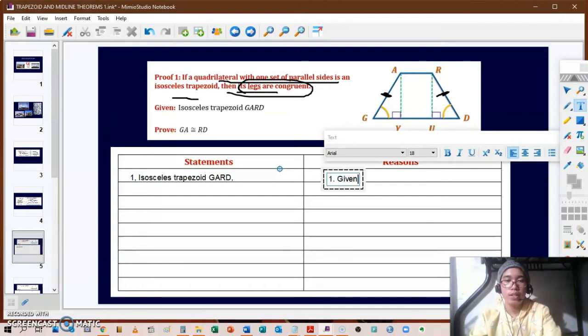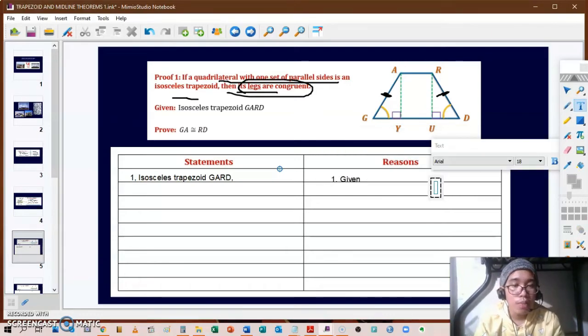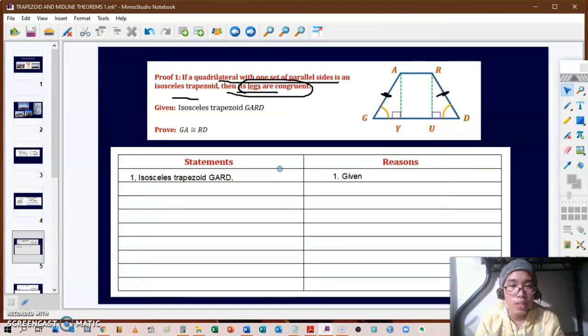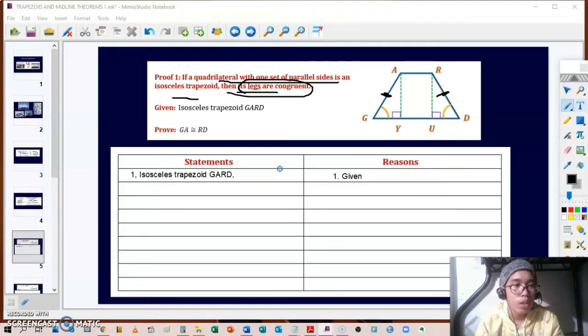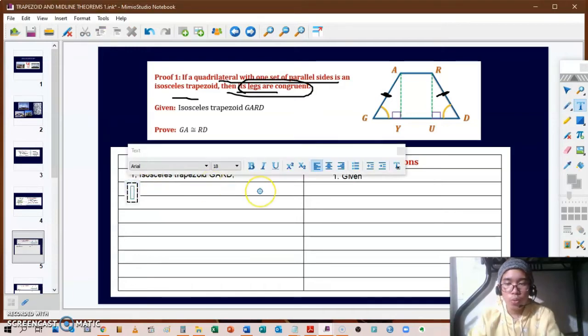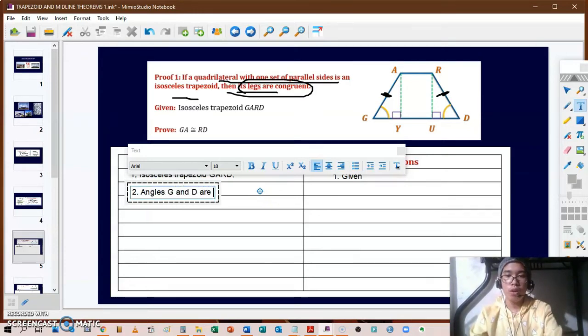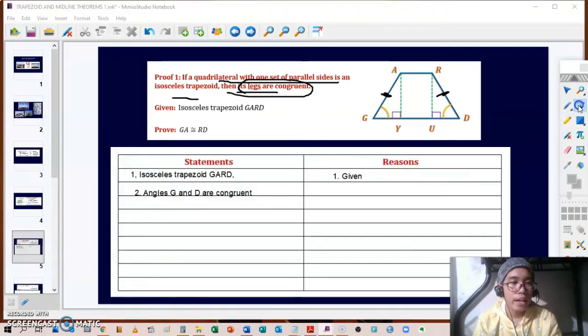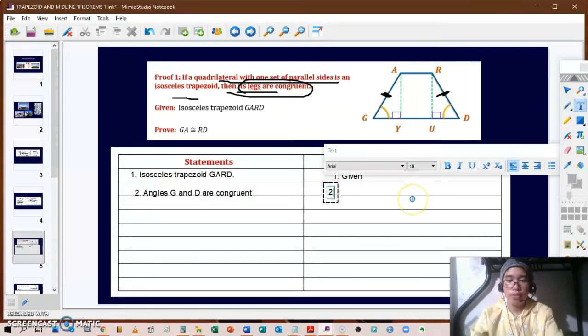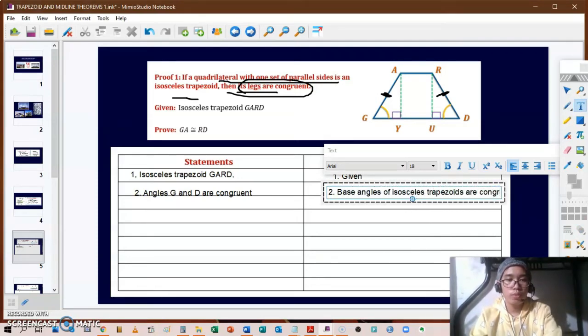Our second statement is that since it's an isosceles trapezoid, its base angles must be congruent. For number 2, angles G and D are congruent, and the reason is base angles of isosceles trapezoids are congruent.